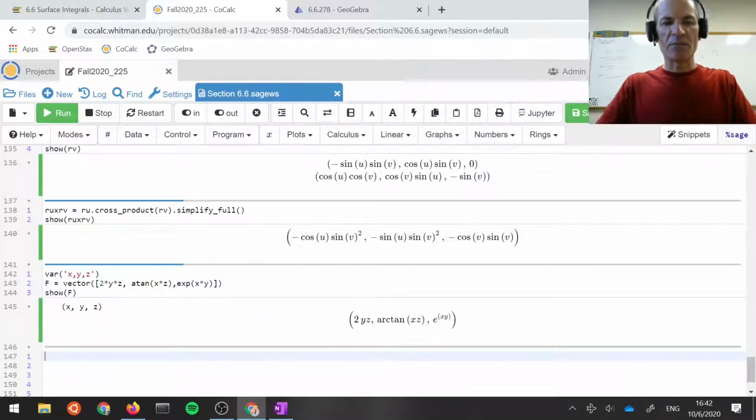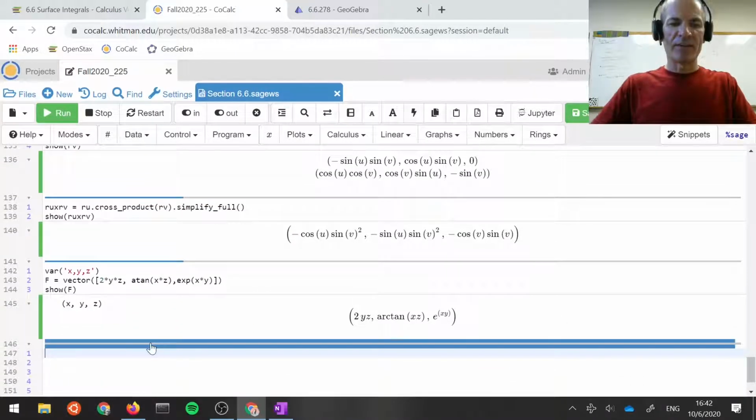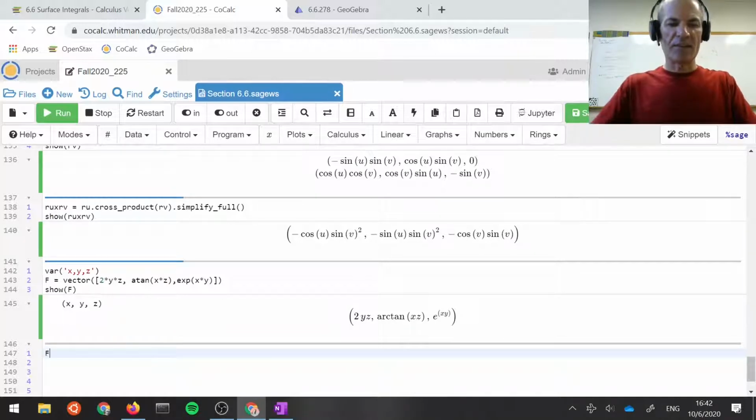Now let's substitute the components of r into F. We can do that. Let's call this F r, F evaluated at r, and that is F substitute in, throughout, we want x to equal the first component of r, which is denoted r0. We want y to equal the second component of r, which is denoted r1, and finally z to be the third component of r, r2.